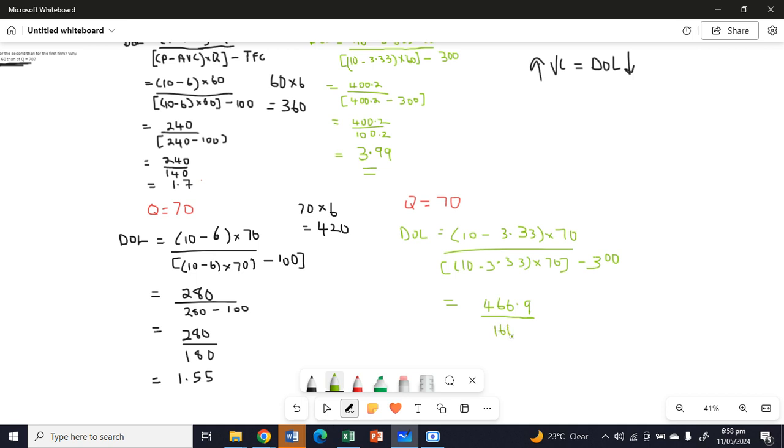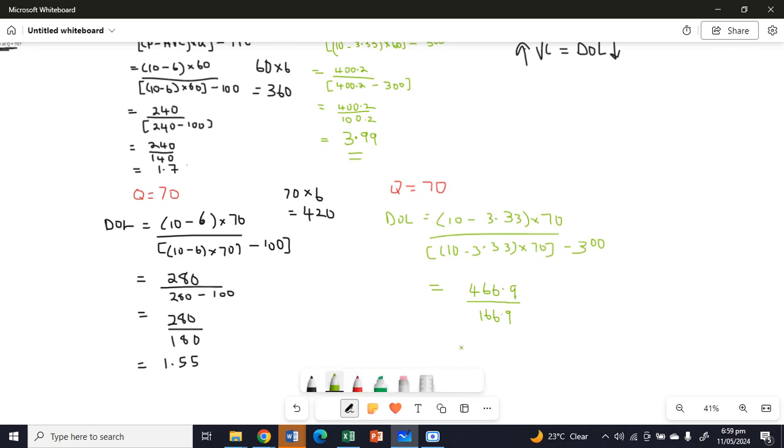Then 466.9 divided by 166.9 gives 2.797.